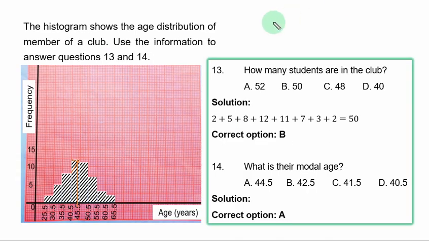The histogram shows the age distribution of members of a club. Use the information to answer questions 13 and 14. Question 13. How many students are in the club?